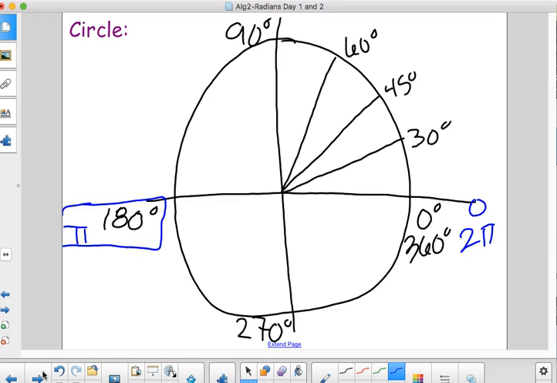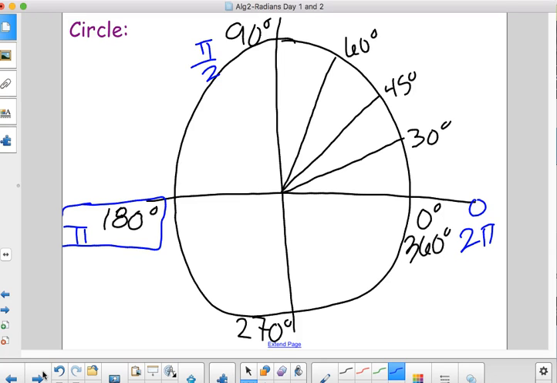This is the key fact that you should know to build the rest of this. So we're going to jump into fractions because pi is halfway across. 90, do you agree that 90 is halfway to 180? So 90 in radians is pi over 2. It's half of pi. 90 is half of 180, so it's half of pi. Another way to look at it, do you agree that 90 times 2 is 180?